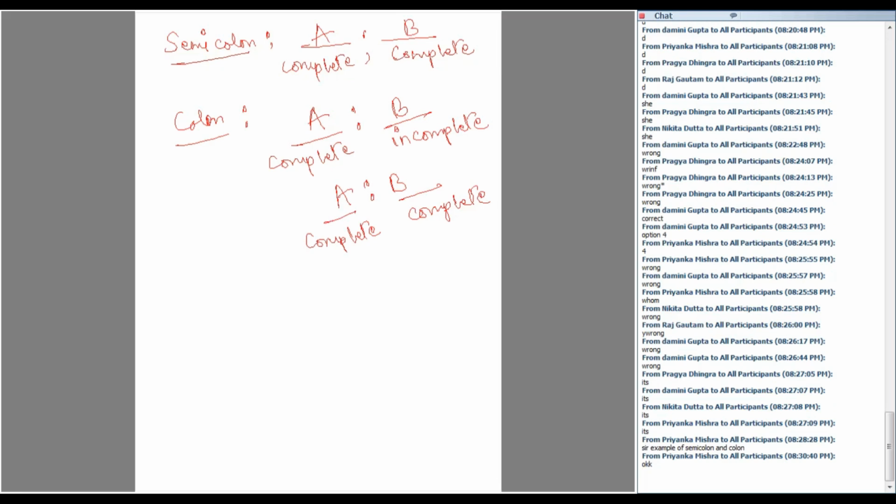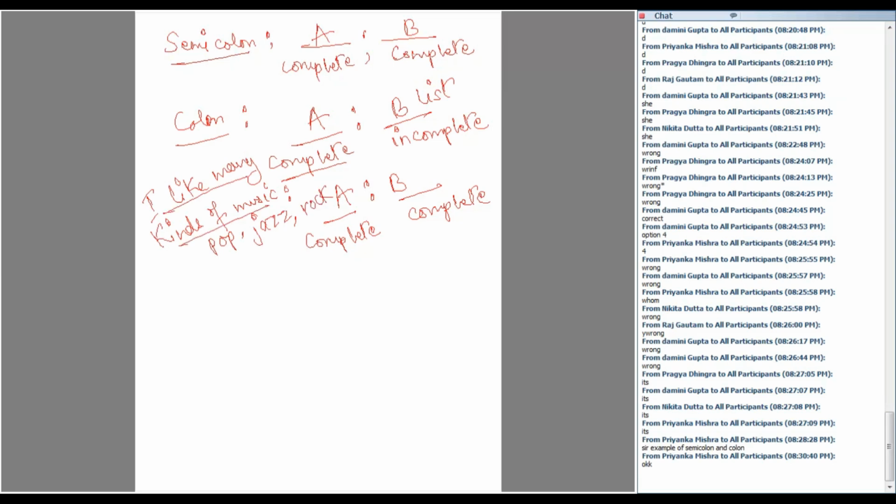For example, they will say that you should use a colon when A is complete and after that you want to make a list. For example, you want to say, I like many kinds of music: pop, jazz, rock.